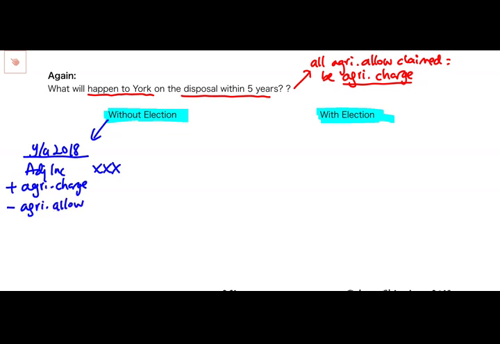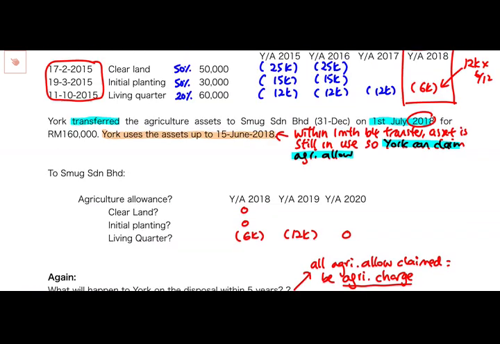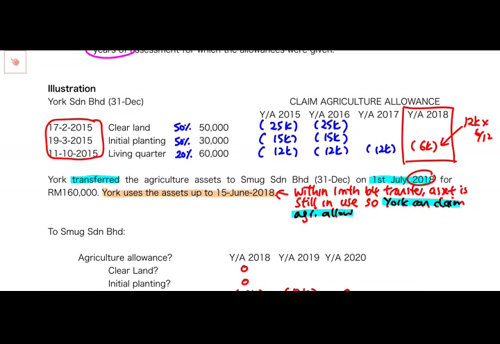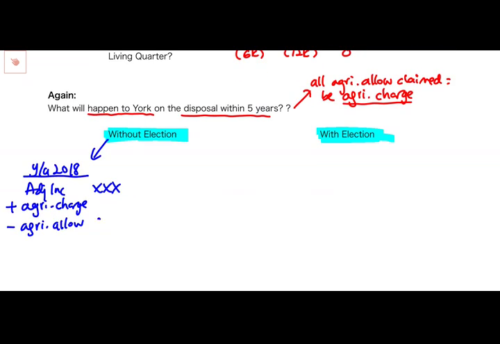It might give you a feeling that it's kind of funny, because you claim and then you charge, but that's how it works. So the claim is the amount that you had for that year, which is how much? 6,000. You have 6,000 for 2018. Now that 6,000 will be there. But how much is the charge?